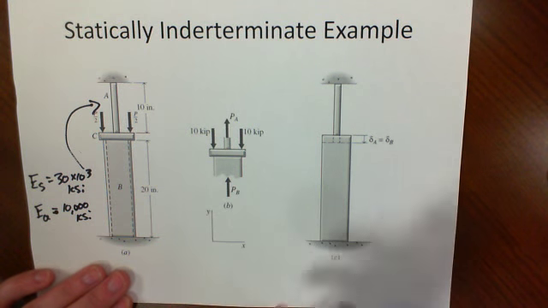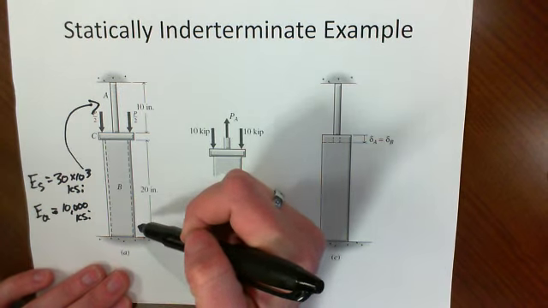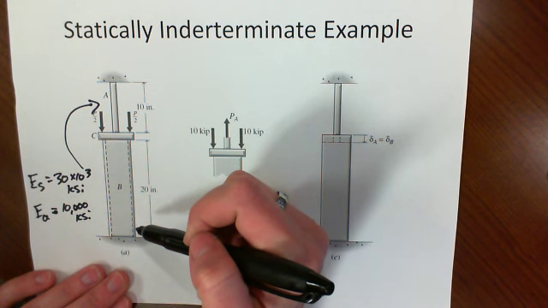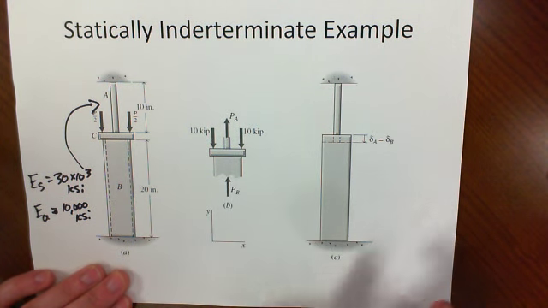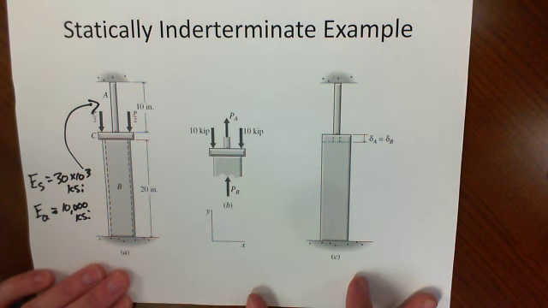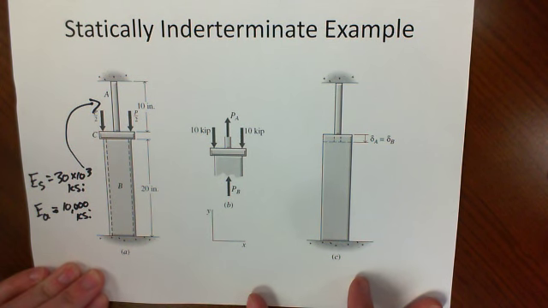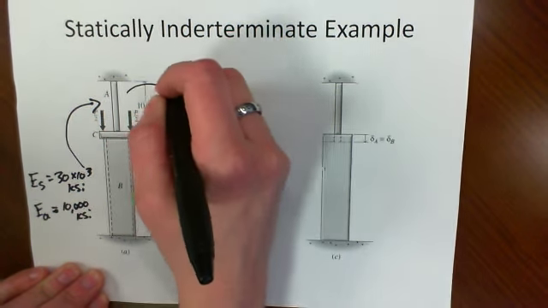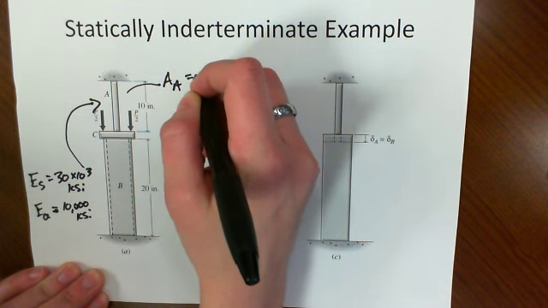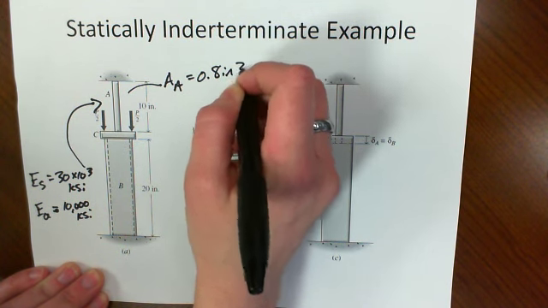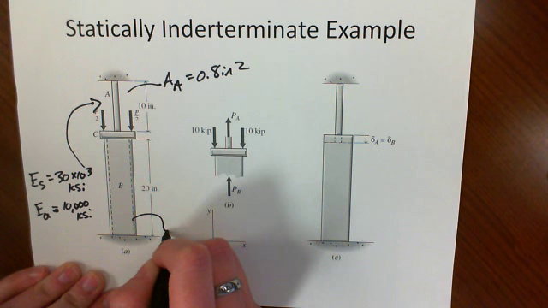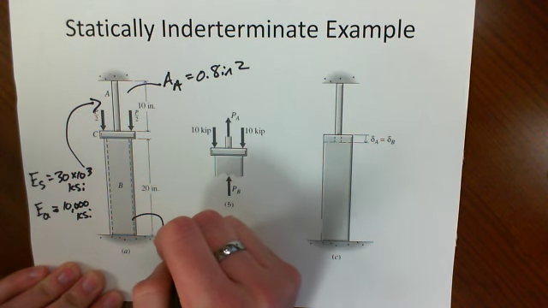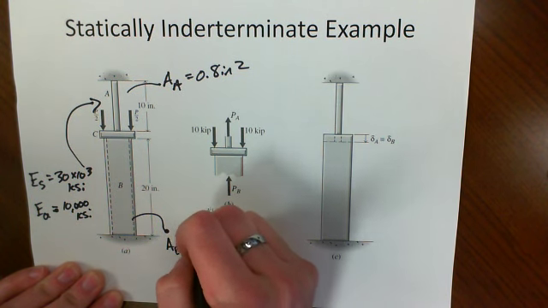The supports at the top and the bottom are rigid, and there's no stress in it before loading. We're given that the cross-sectional area here is equal to 0.8 inches squared, and the cross-sectional area here is 3 inches squared.